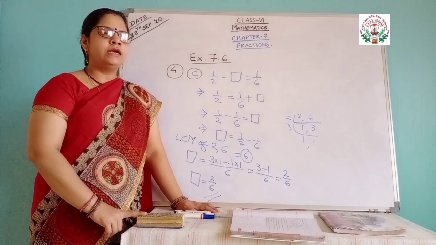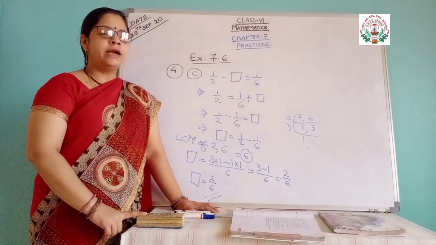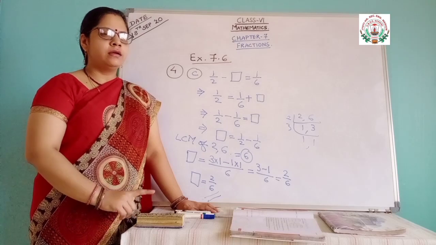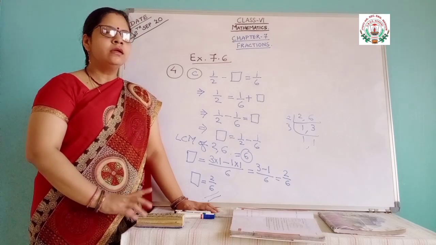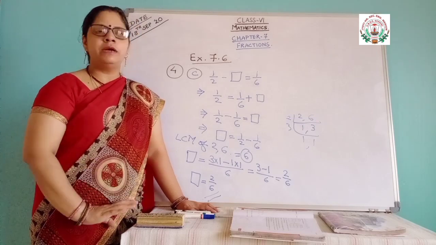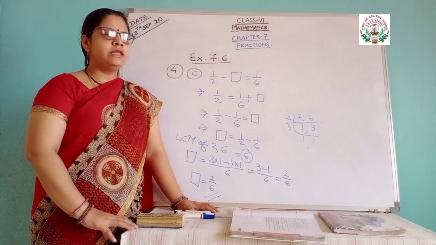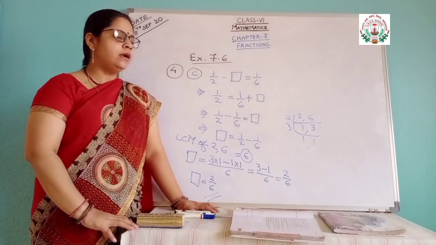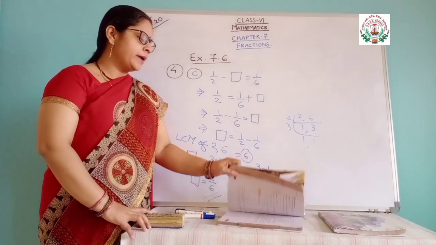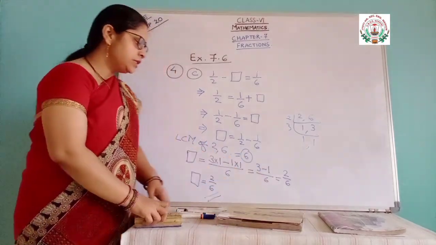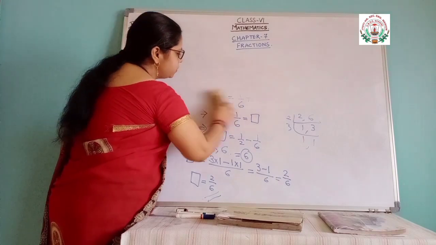Try to complete that in your notebook in the 3 days of Friday, Saturday, Sunday. By that time try to complete this chapter 7 fully in your notebook. Along with that, find some time and do the questions of the workbook. And my dear children, chapter 1 of the workbook you have already completed.